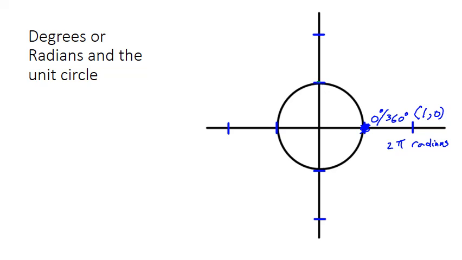We know that this section here represents 90 degrees. We know that its coordinate would be 0, 1, and we know that 90 degrees can be represented by pi over 2 radians.